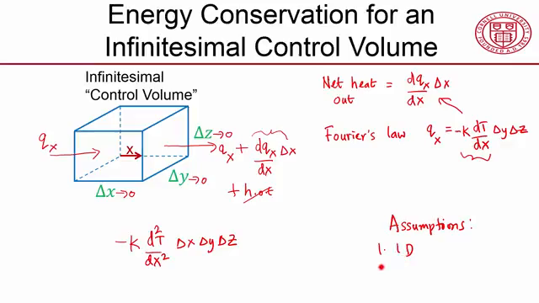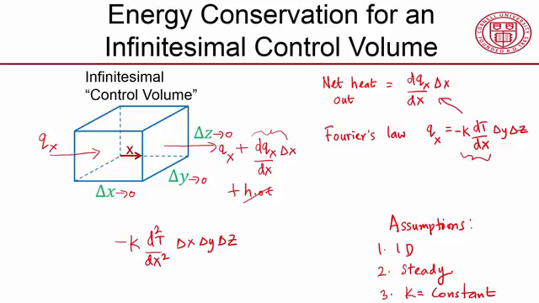I also have assumed that there is no variation of the temperature with time, so I'm assuming that it's steady. And I'll also assume that k is a constant, that is, we have constant thermal conductivity. We can relax all these assumptions, but that just makes the details more complicated.